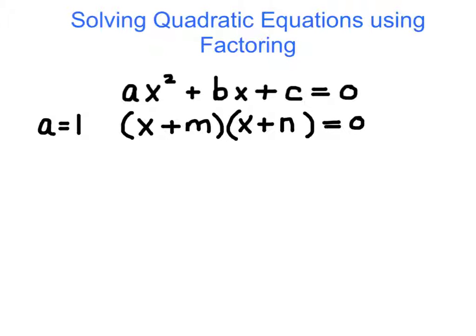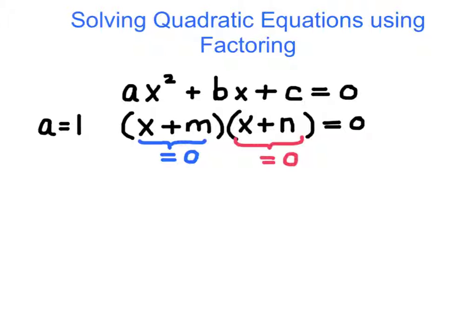If we got this far, we could say that there are two possibilities. Either our first binomial, x plus m, equals 0, or our second binomial, x plus n, is equal to 0. One or both of these could be true to make their product 0, because the zero product property tells us if you multiply anything by 0, the result is 0.